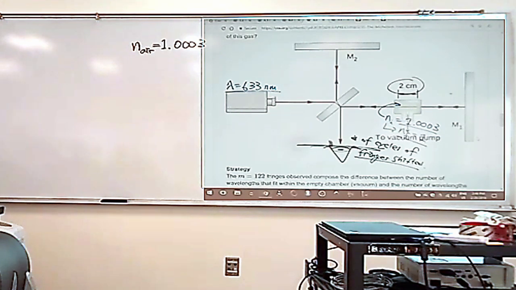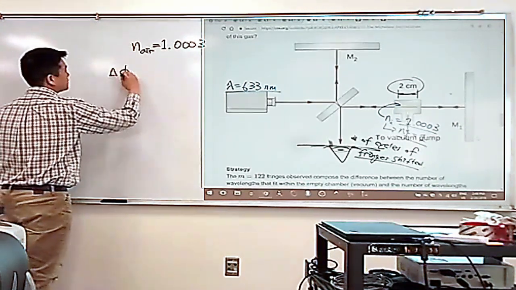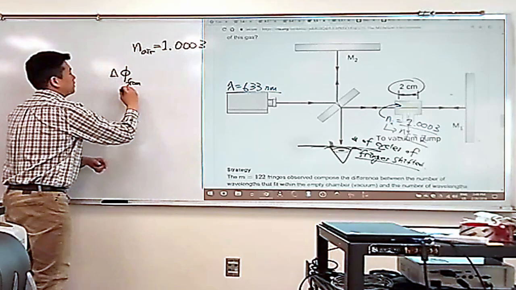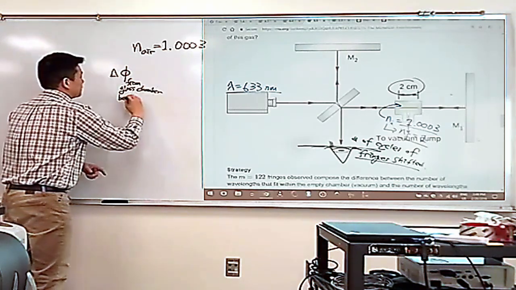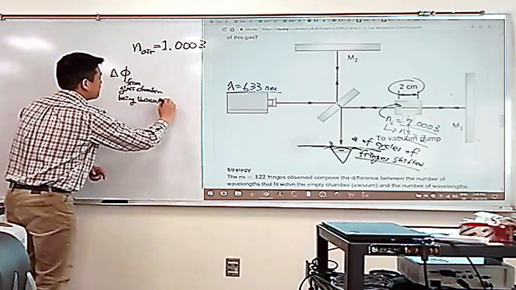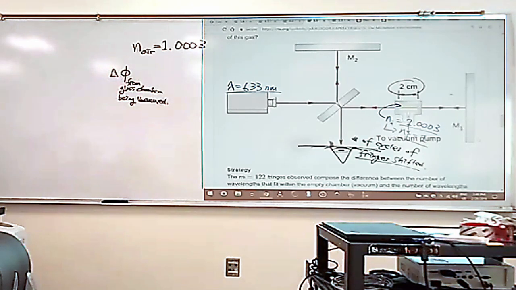Good? All right, so let me start out with a phase shift. Just change in phase from the glass chamber being vacuumed. I'm being a little bit specific here. I'm not looking for phase difference between the two arms. Whatever the number is, I don't think I'm going to be able to predict it.